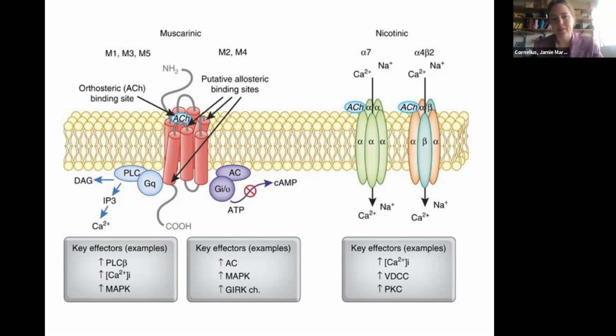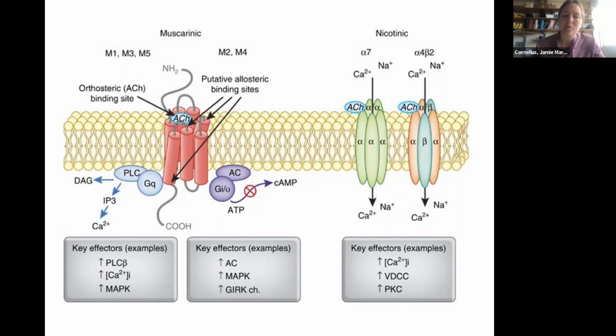And then you can see on the right-hand side is the nicotinic receptor. There's two receptors represented there, two different ones. And they have their subunits and then have a binding site for acetylcholine. And once they open, they're allowing both sodium and calcium to come into the cell.